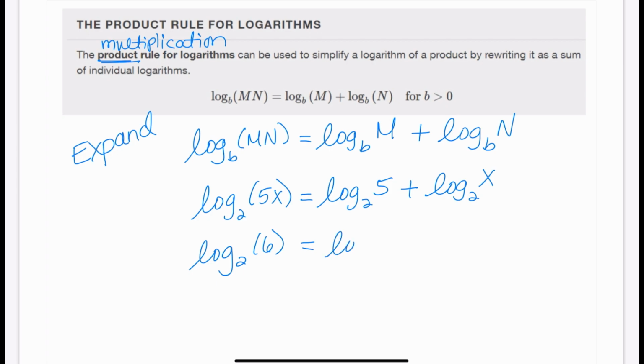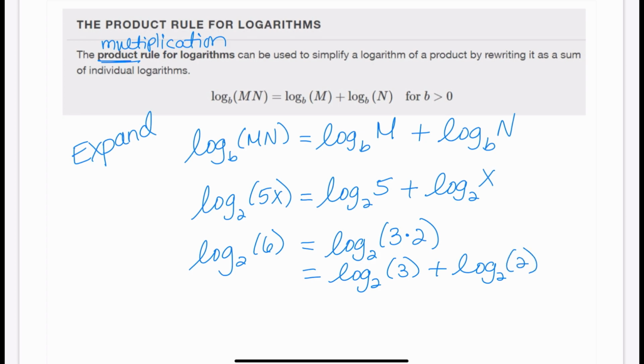Well, let's go ahead and write this as the log base 2 of 3 times 2, which is the log base 2 of 3 plus the log base 2 of 2. And if you remember by the property that we went over, when it's the log base 2 of 2, this is just going to equal 1. So this answer can be reduced or simplified as the log base 2 of 3 plus 1. So there are just different ways of writing the problem that sometimes are helpful when we are solving these.